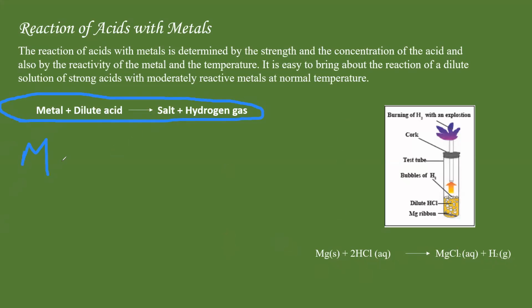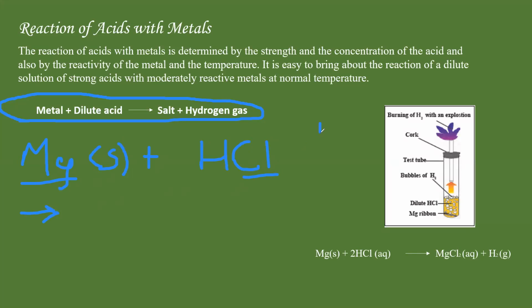So Mg, which is magnesium, is a solid. And plus, let's write HCl over here. People, pay attention, because this is how we write chemical equations. Mg and Cl are going to combine together. But we know that chlorine has atomic number 17, with configuration 2, 8, 7.